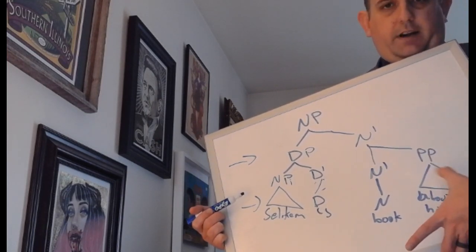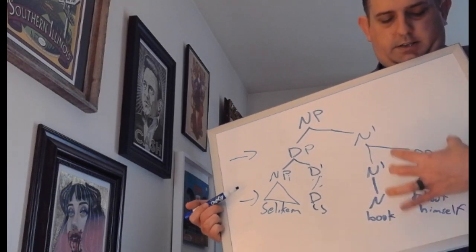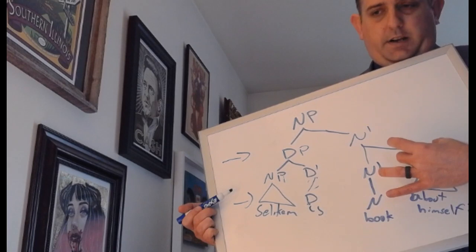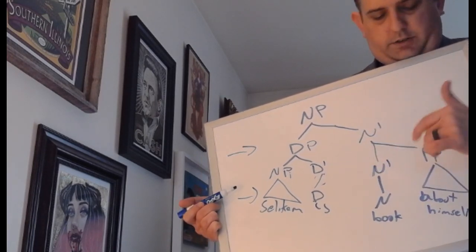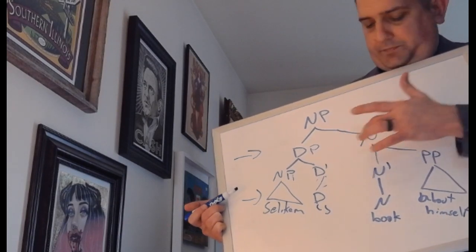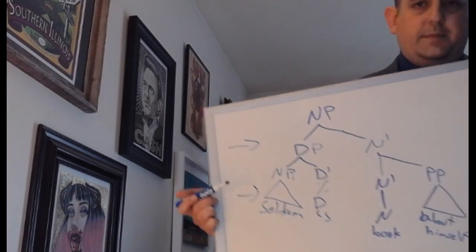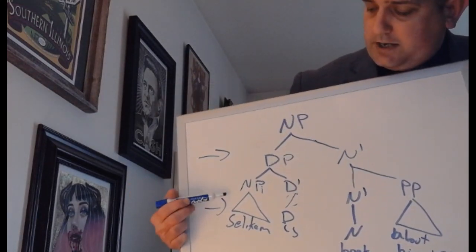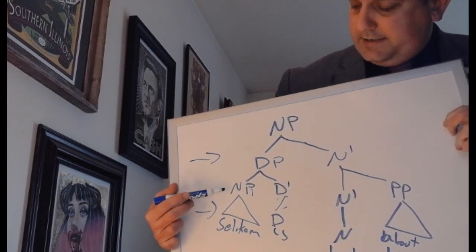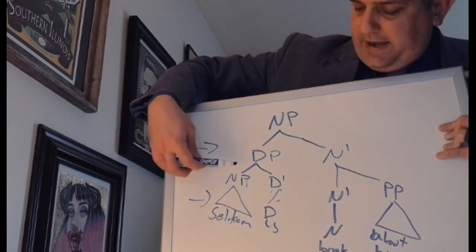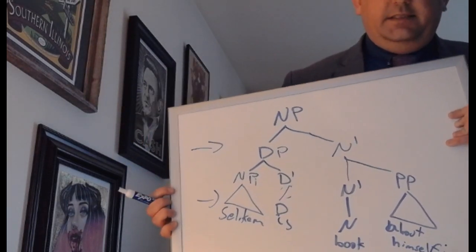I'm sorry, I don't have enough room here to really fill out the subtree containing this prepositional phrase, but the fact that it is dominated by this PP is sufficient for us to determine the C-command relations. The NP containing Seligman only C-commands this D bar and this D containing this S.